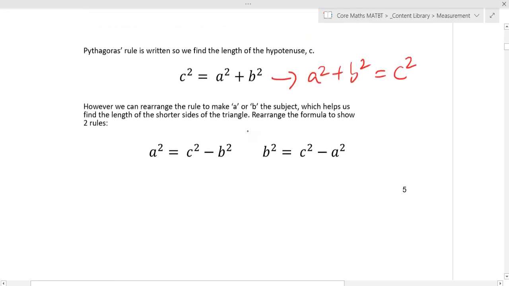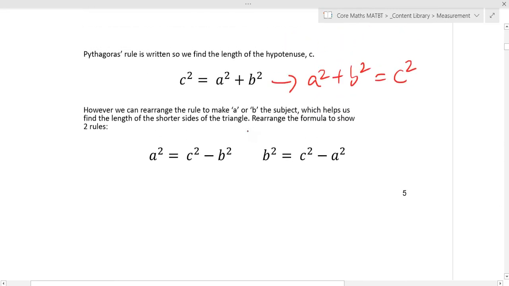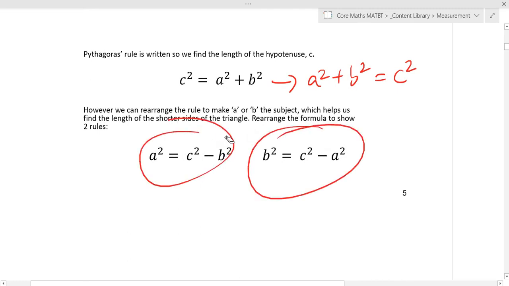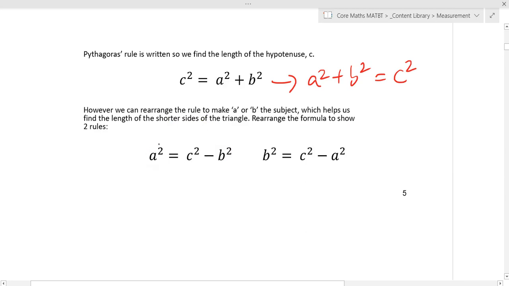However, there are also other variables that you need to find with Pythagoras' theorem. Here are two variations of the actual rule. If you're trying to look for A, so if you don't know what the A length is, then you'll use this formula: A squared equals C squared minus B squared, or you can call it C squared minus B squared is A squared.